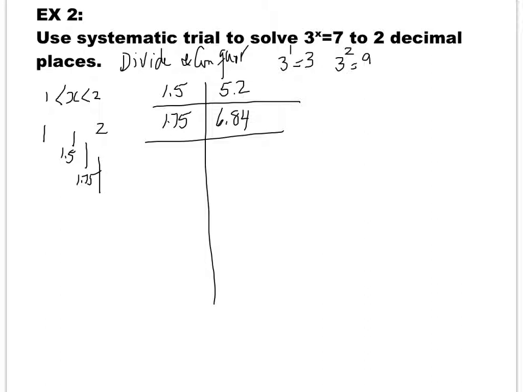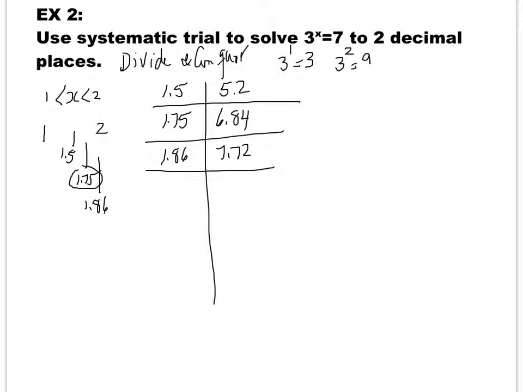So again, I'm going to add 2 and 1.75, then divide by 2, and you get 1.86. So I'm going to plug in 1.86 into the equation. If you do that, you get 7.72. You can see that now the value is greater than 7. So your x value is less than 1.86. Remember the lower one before was 1.75.